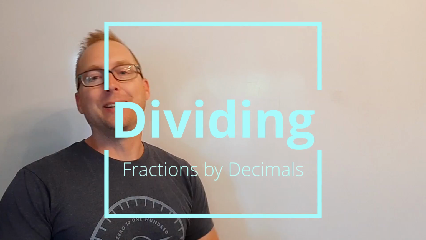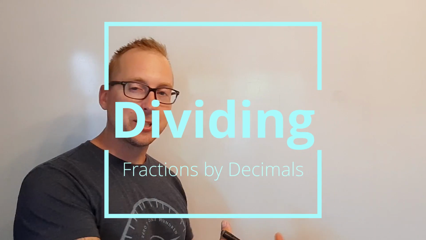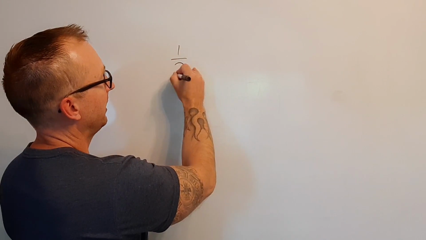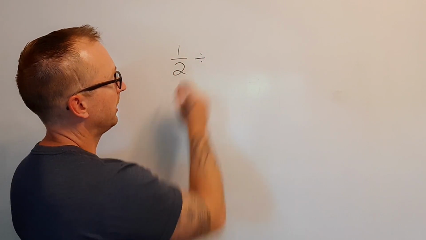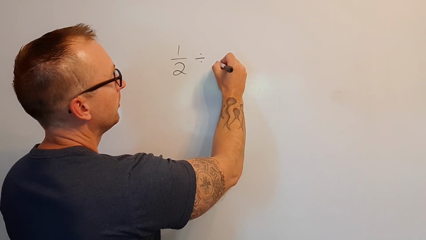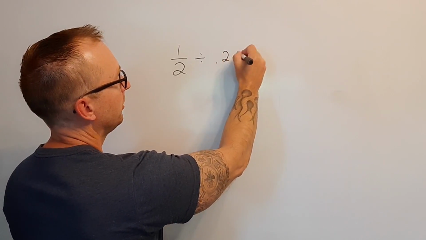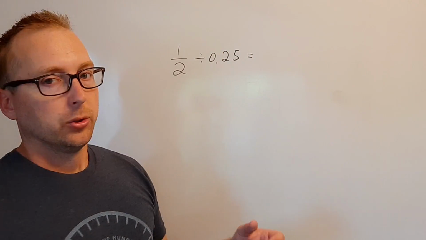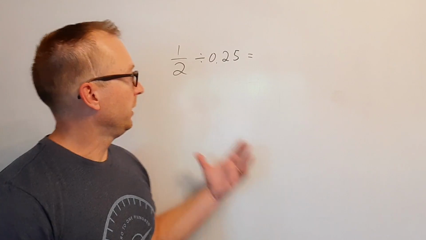All right, and last but not least is going to be fraction by a decimal. So let's say we have 1/2 divided by 0.25. So what do we do?